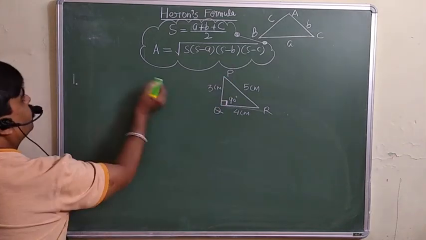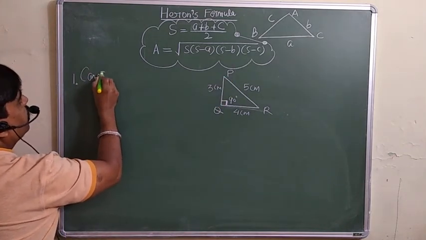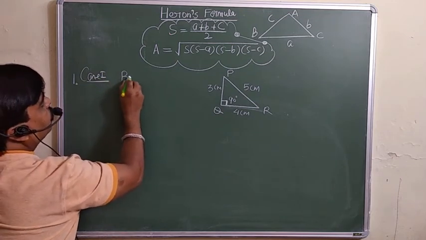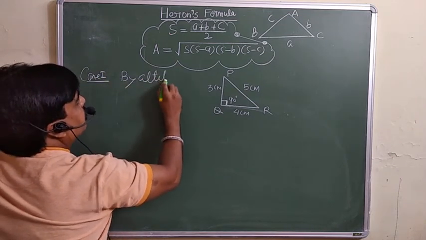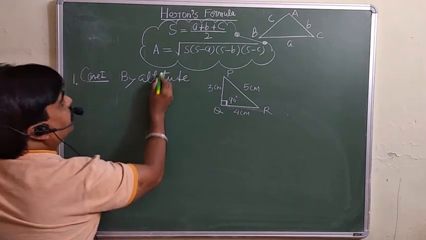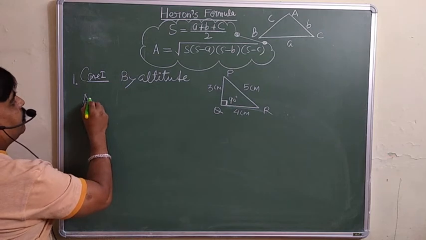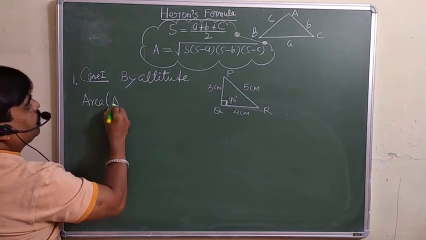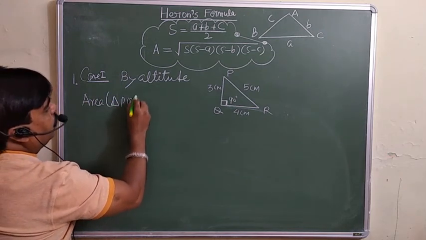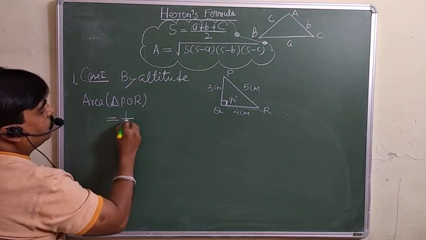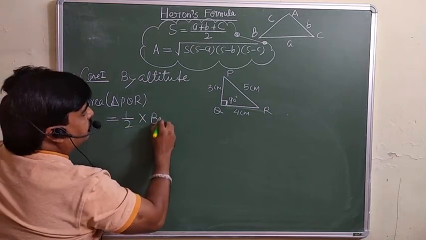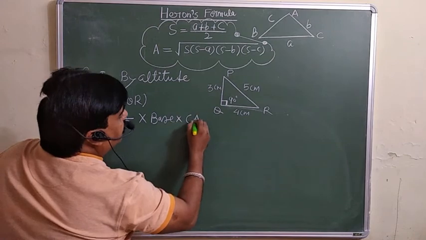So the first case I am taking is by altitude, because the altitude is already given here. If we are going to find the area by altitude, the area of triangle PQR will be equal to 1 over 2 into base into corresponding altitude.